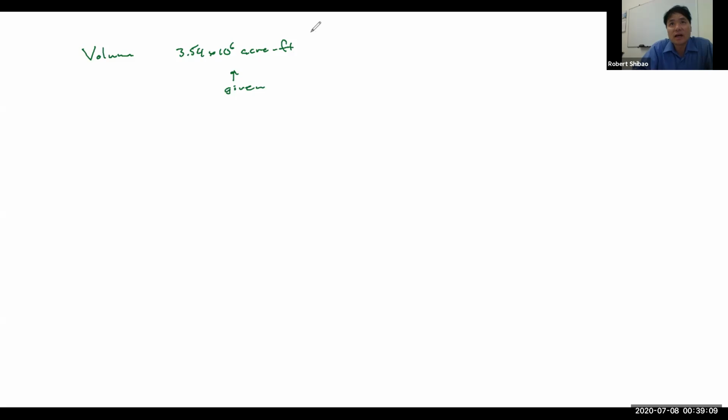Okay, so dimensional analysis, this is what we try to do in dimensional analysis. Option 1, we try to get rid of acre and feet. We try to get rid of both of those, knock them out. If we can't get rid of both of those, then we'll try to get rid of one of those. So option 2, let's try to get rid of acres.